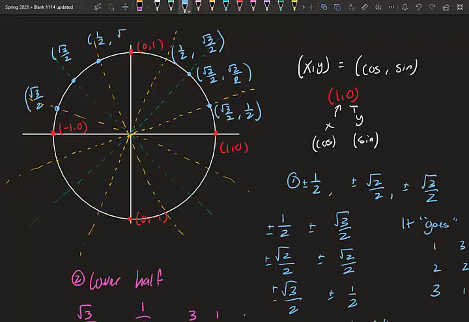So then we'll have 3, 2, 1. So in quadrant 2, the only thing that is negative is x. So we need to make sure our x values are negative. So we have negative 1/2, negative square root of 2 over 2, negative square root of 3 over 2. So that's the top half. It goes in order 1, 2, 3, 3, 2, 1.